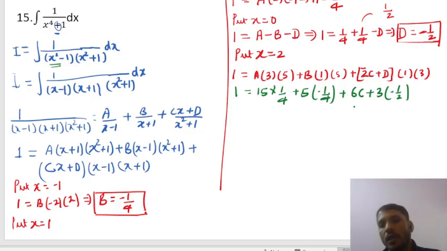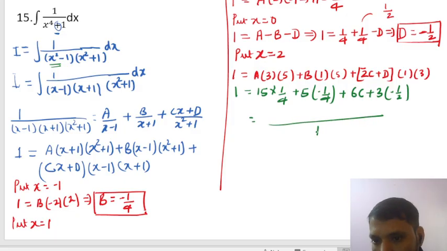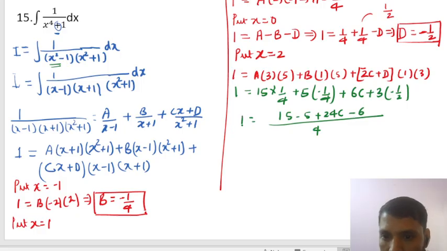Now we can take the LCM on the RHS side. So the LCM I am taking is 4. So it is 15, and this is minus 5, and here this will become plus 24C, and here it is minus 6, and this is equal to 1.